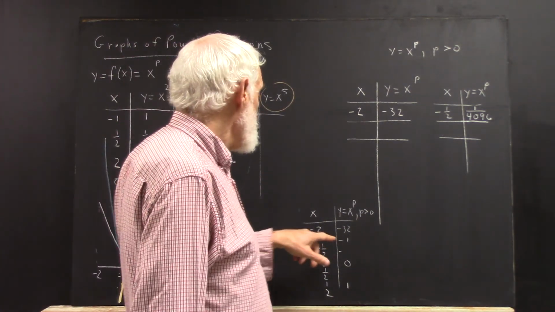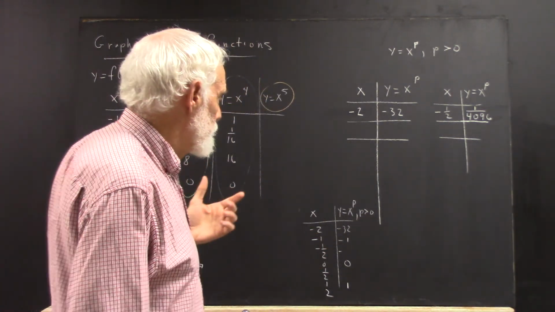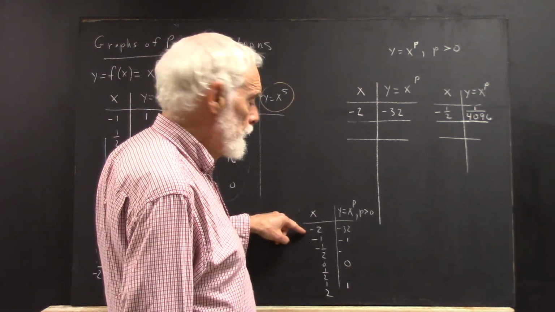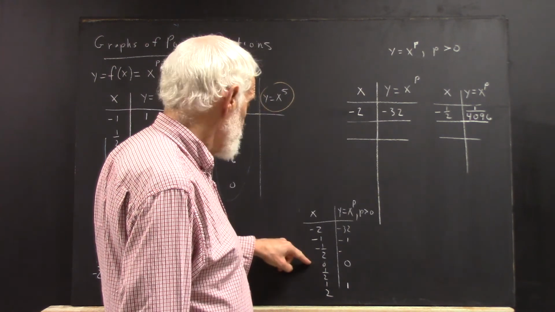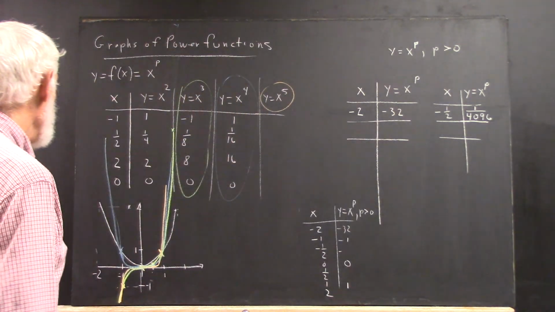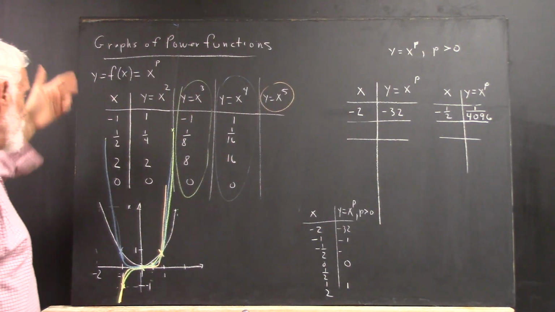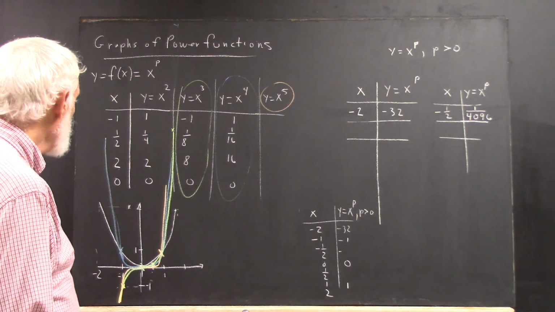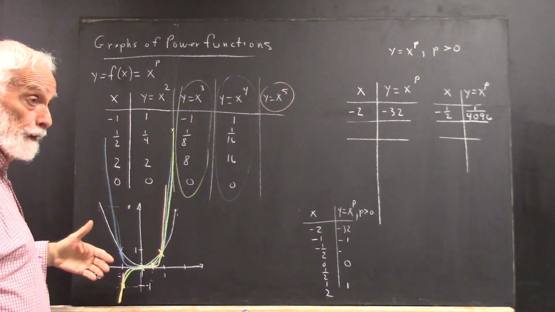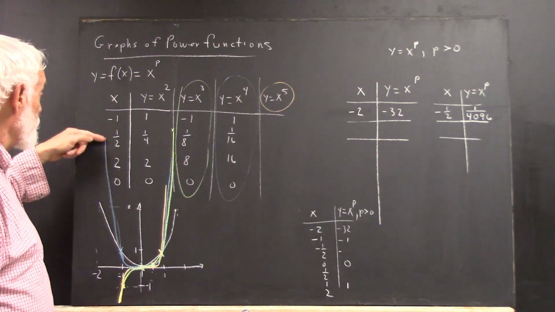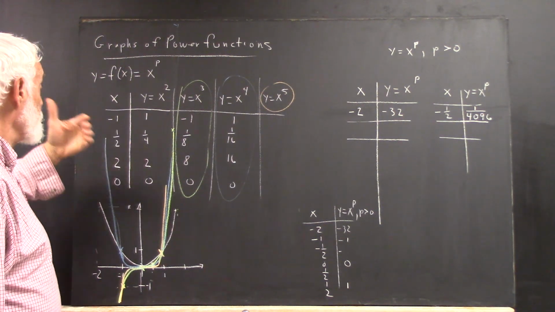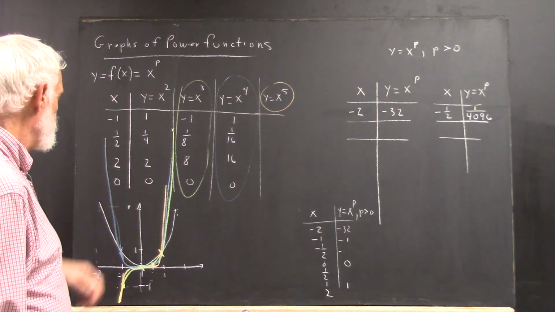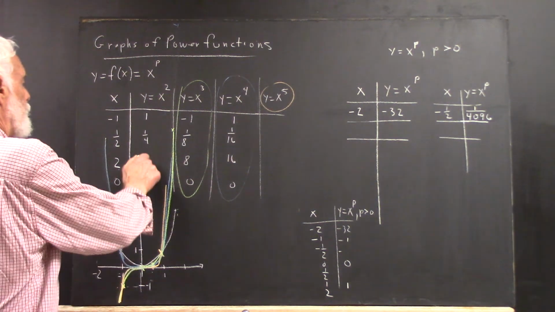Well, let's see. How could the value at -1/2 be related to the value at -2? Okay, let's just see what we can see from these tables. For the function x squared, I haven't done the whole table, but when x is -1/2, x squared is a fourth. When x equals 2, you can verify that the value is 4.